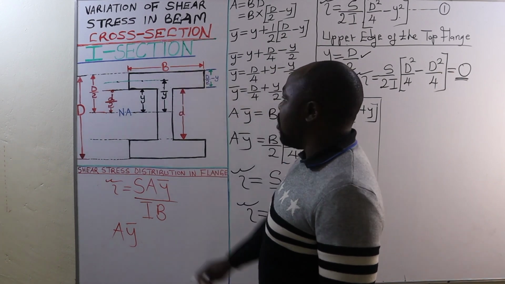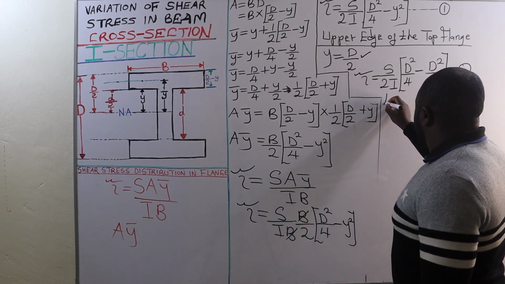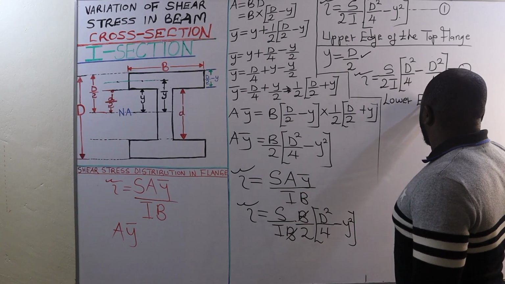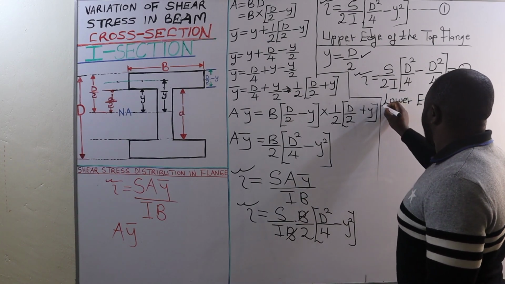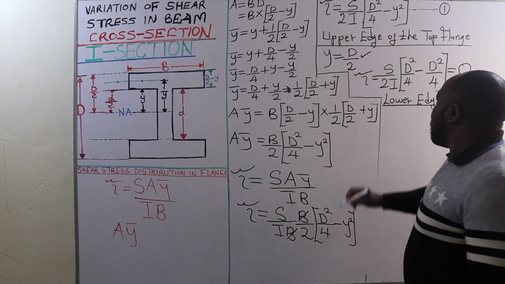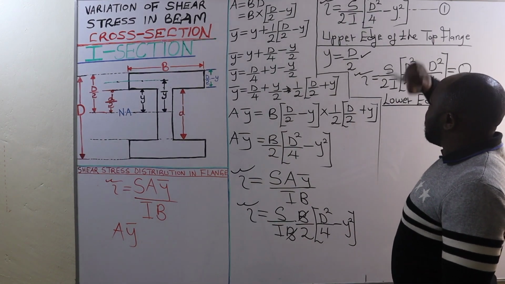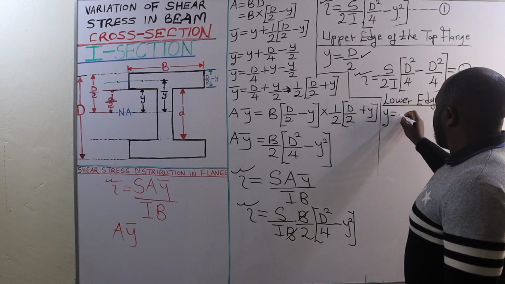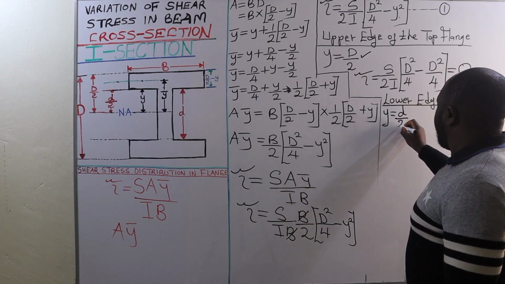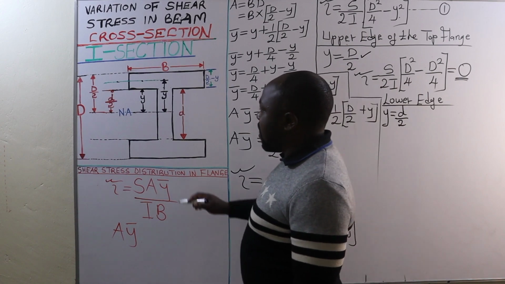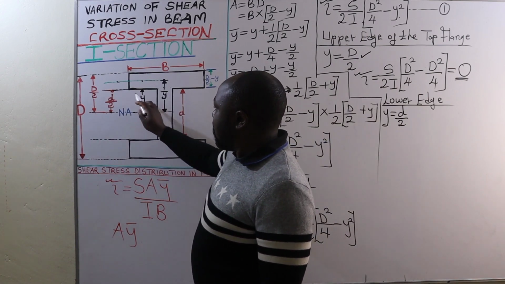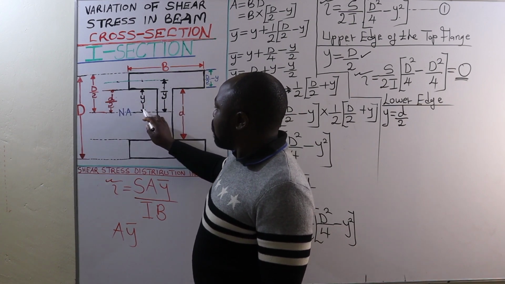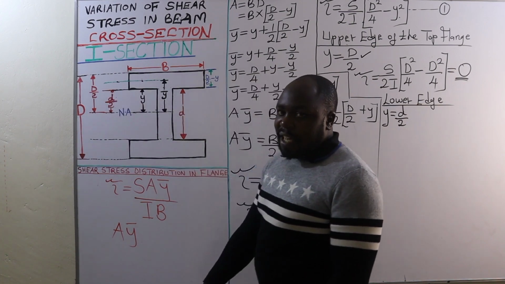of the top flange? So we go to the lower edge of the top flange. Considering the same equation, Y is D over 2. That is, the distance from the neutral axis to the lower edge of the top flange is D over 2. Y is equal to D over 2.